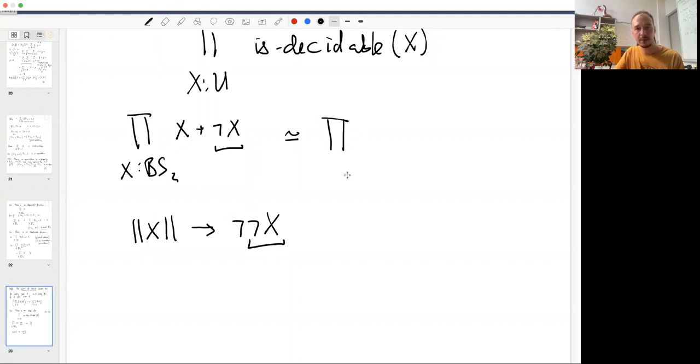So that's the unit law of coproducts, BS2X, and of course we already saw that there can be no such function. So that means that there can be no function of this kind.